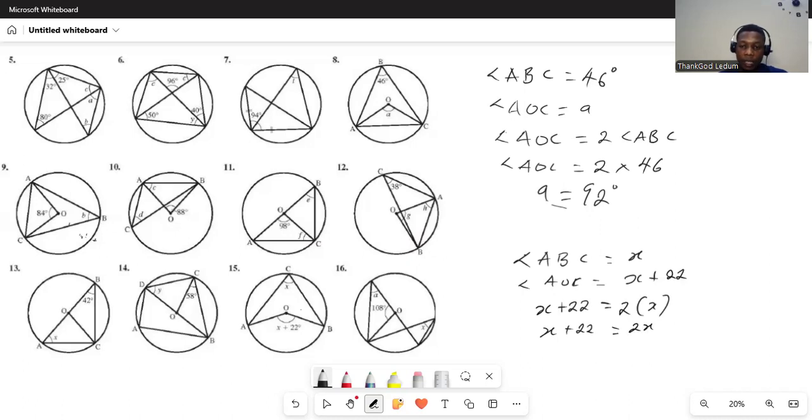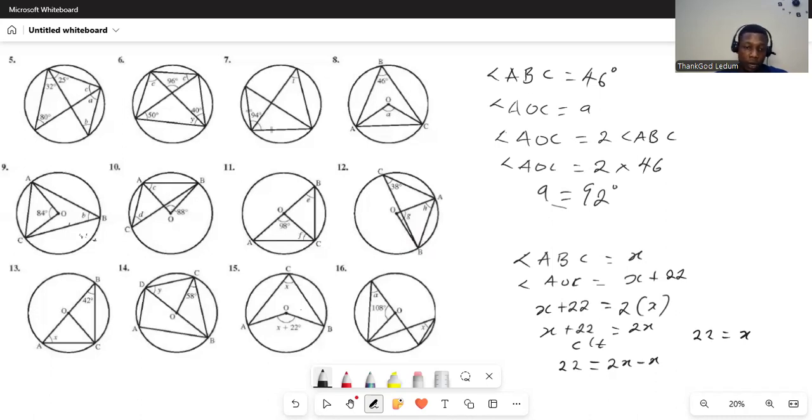Now you can collect like terms here, taking the ones that have x to one side and leaving the one that doesn't have x on the other side. So we are going to be having 22 equals 2x minus x. At this point, we can now say that 22 will be equal to 2x minus x, which gives us x. That means our value for x is 22.